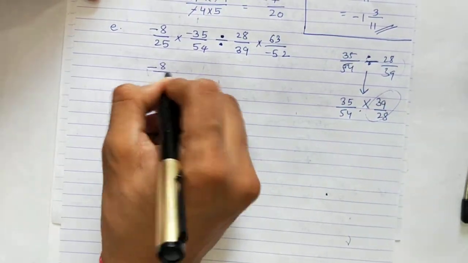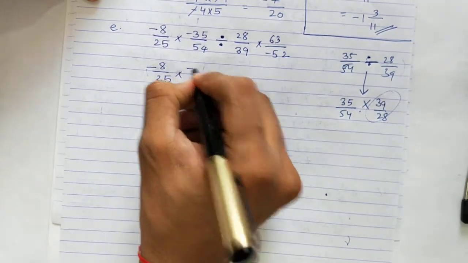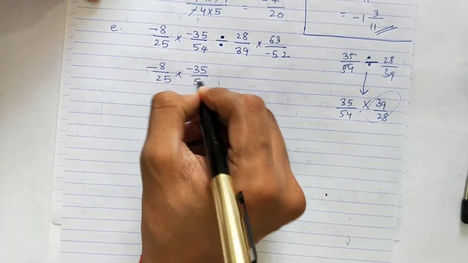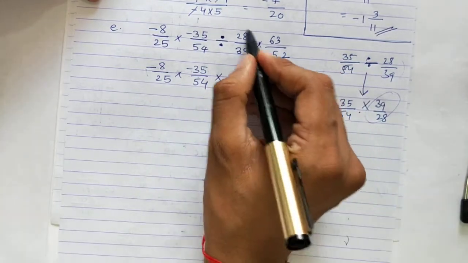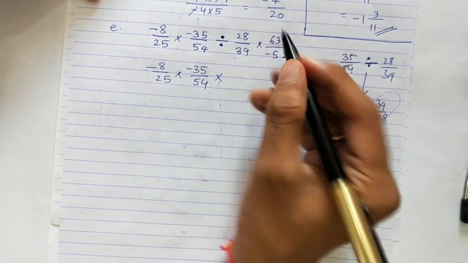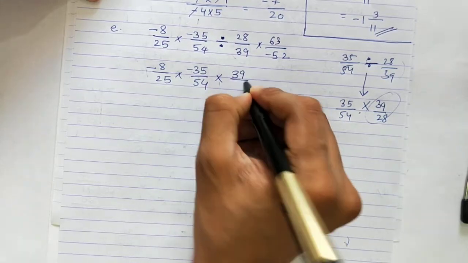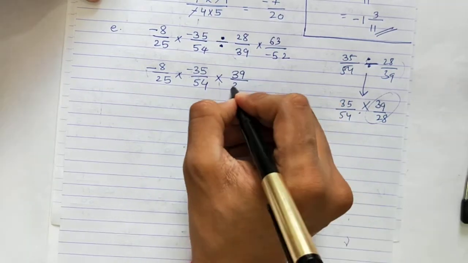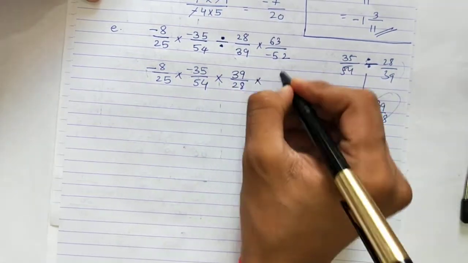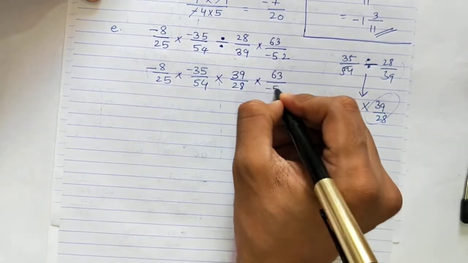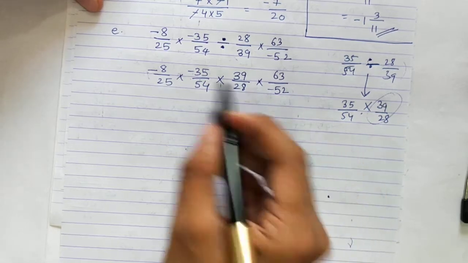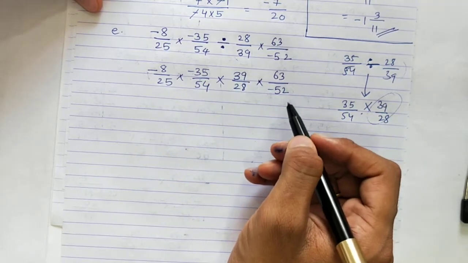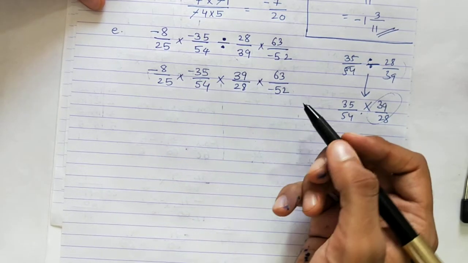So minus 8 upon 25 into minus 35 upon 54. This division sign I'll make it multiplication. I'll reciprocal this fraction. So this is 39 upon 28 multiplied by 63 upon minus 52. Okay. Now we can make the cancellations, whatever possible.